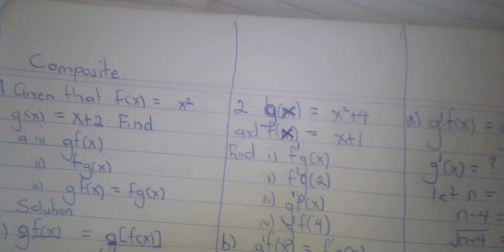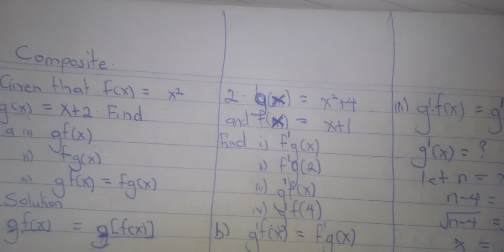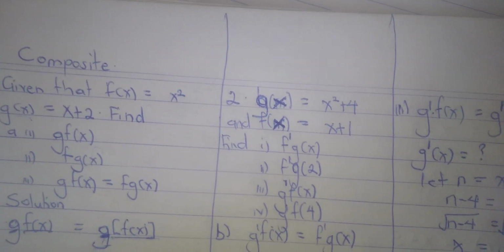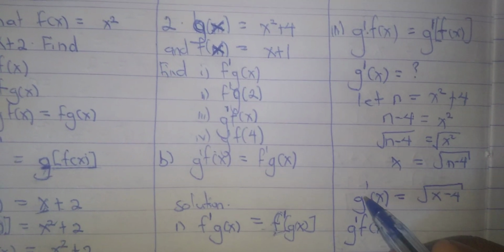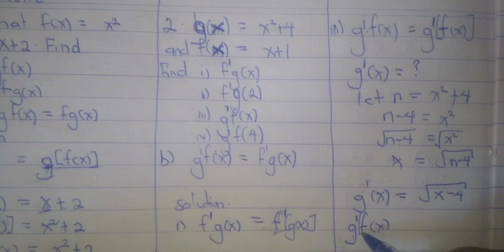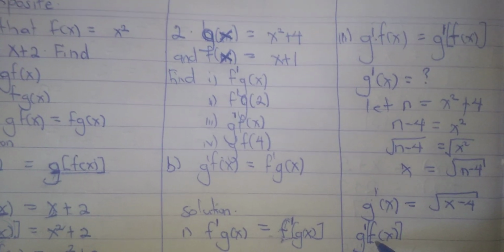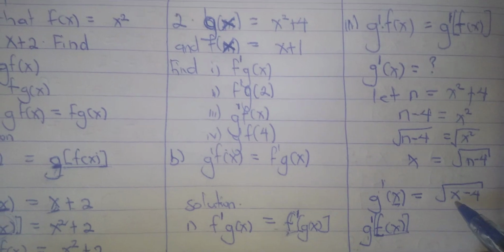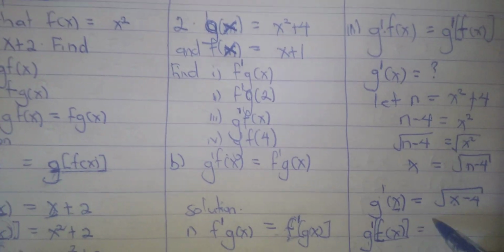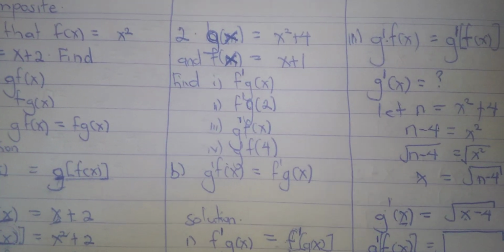But that's not what they want. They wanted the g inverse f of x. So since g inverse is the same as this, we are taking this as the child. Where we see this x, we shall put there f of x. So we come here to the right, look for x. Where we see the x, we put there f of x.